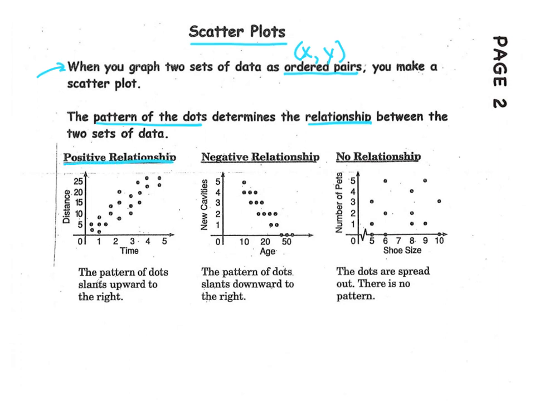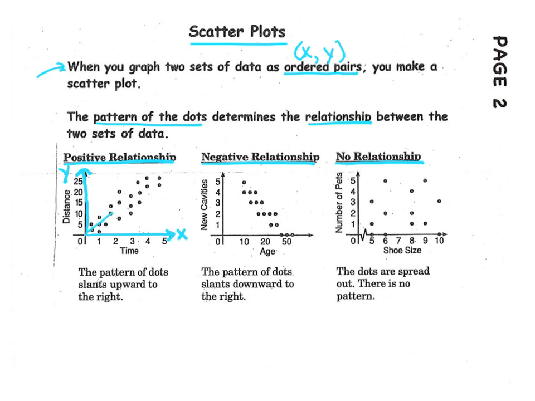You can have a positive relationship, a negative relationship, and no relationship whatsoever. Let's take a look at a positive relationship. Basically, it works this way. As X increases, Y also increases.